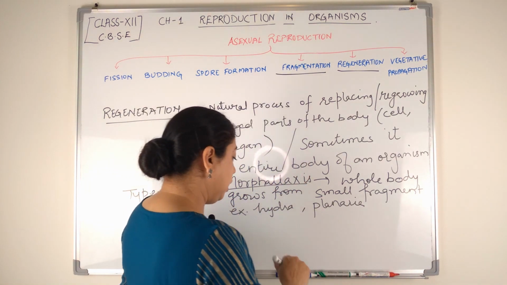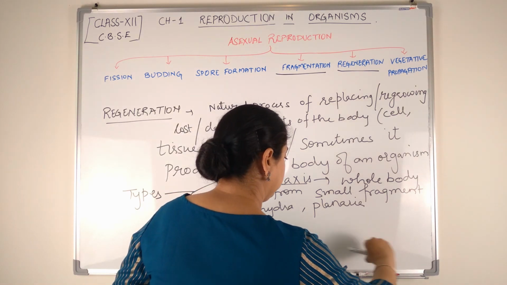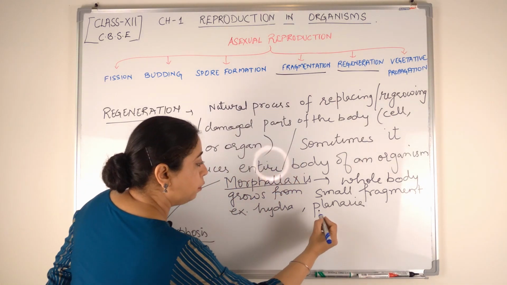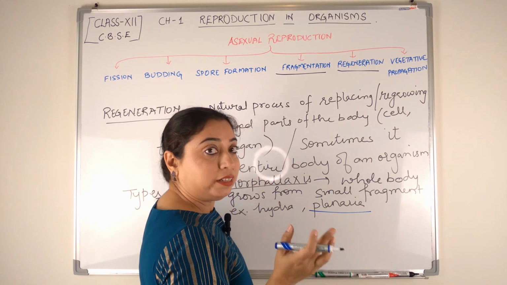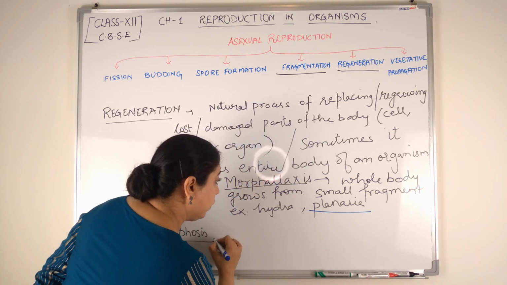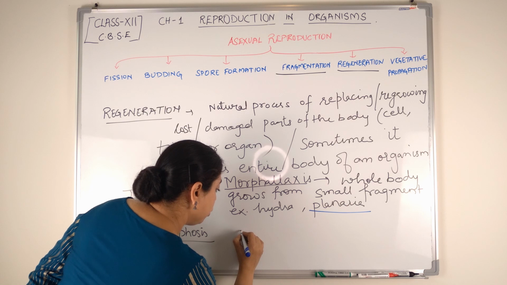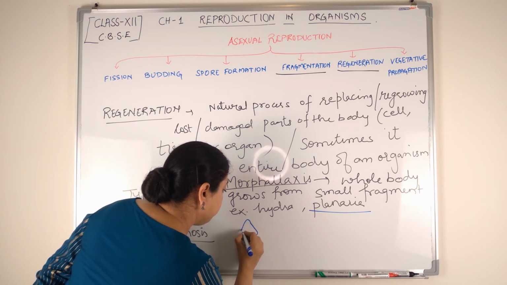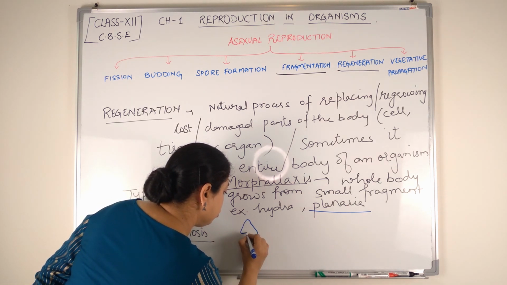Right? Let's see how it takes place in Planaria. Planaria belongs to platyhelminths. That is your flatworms. So, Planaria has a very simple structure.